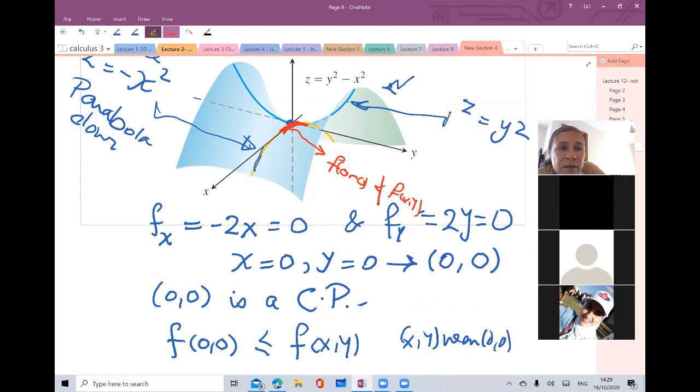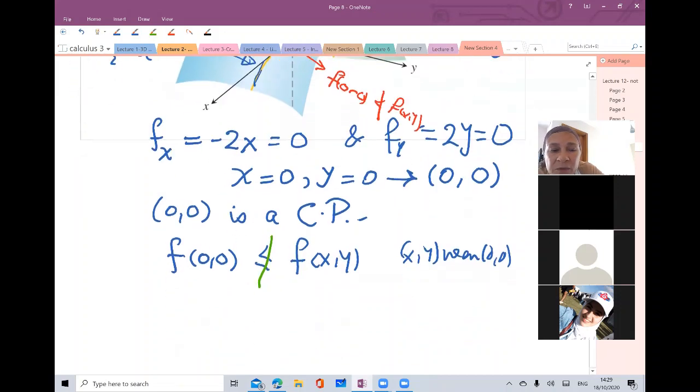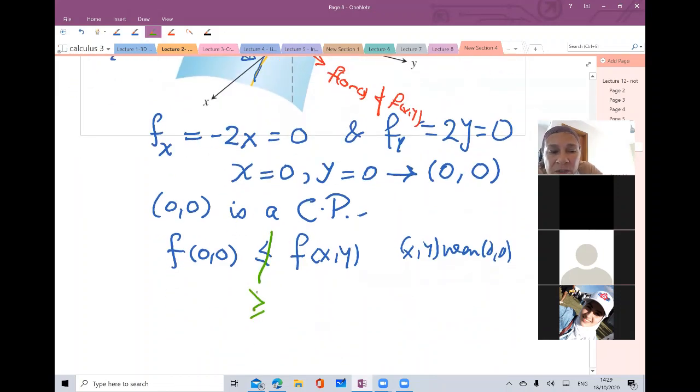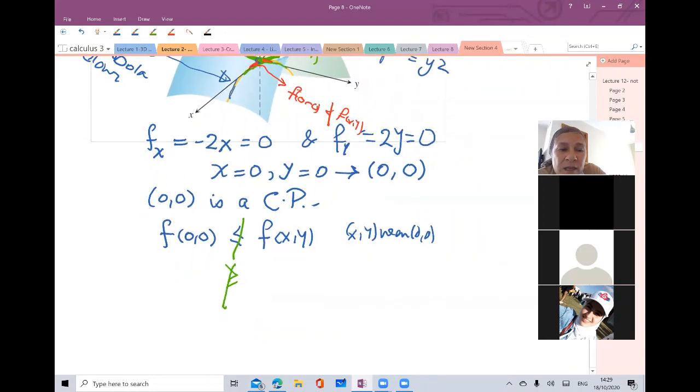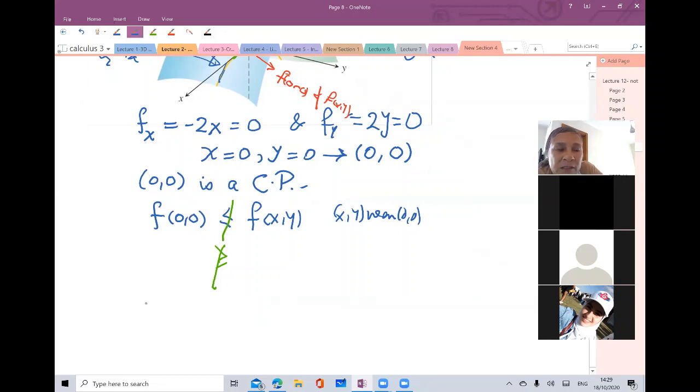On the other hand, if you went along the blue line and looked at f(0,0), is it greater than any other one? No, it's neither bigger nor smaller than any f(x,y). So if you move here you will find it's the smallest, if you move along the yellow you will find it's the biggest, so definitely this is not satisfied. So f(0,0) is neither less than or equal to, nor greater than or equal to, any (x,y) in the surroundings. That's why I say that the point (0,0) is neither maximum nor minimum.